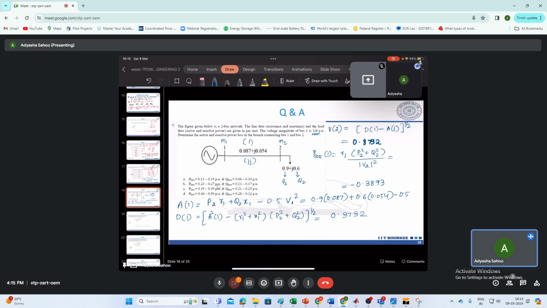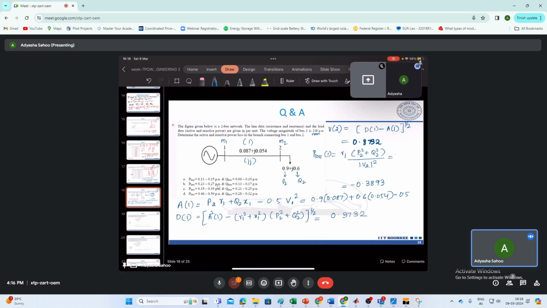So that I will get as 0.087 into P2 square plus Q2 square divided by V2, which is 0.8732 square.